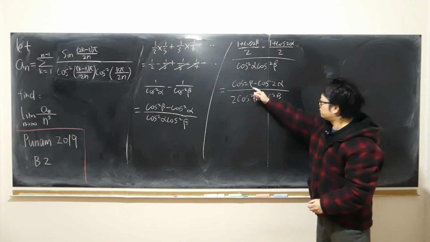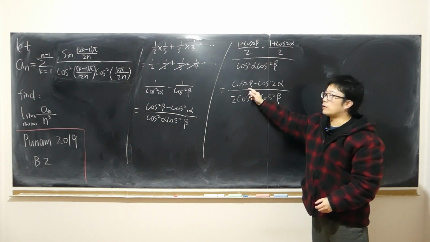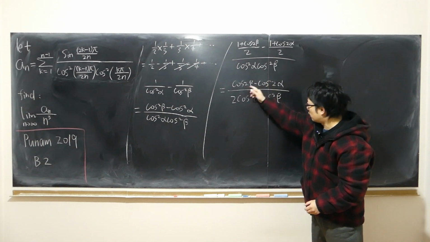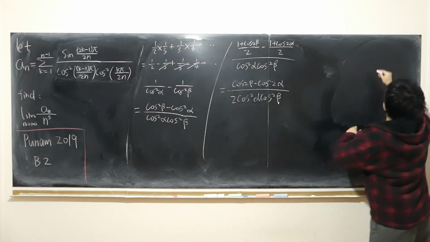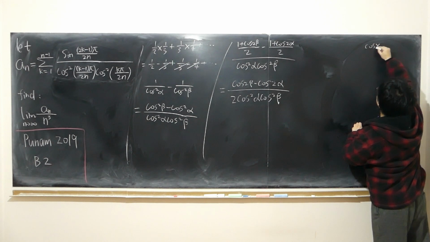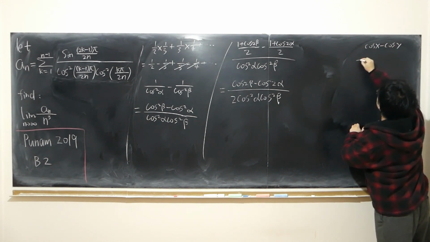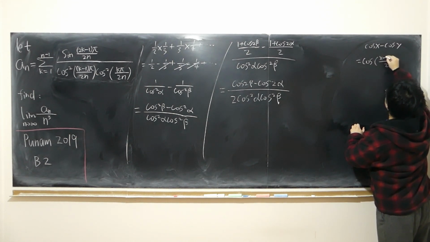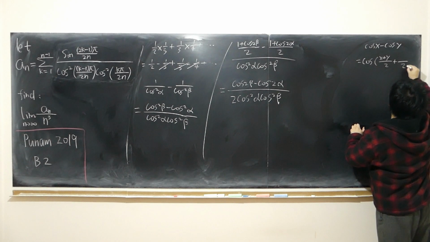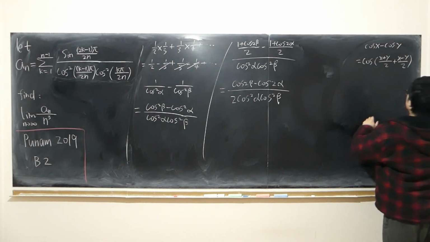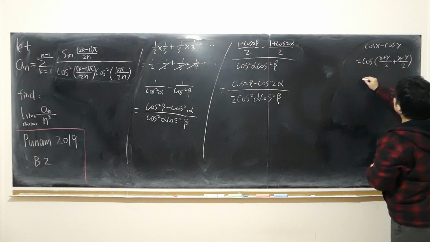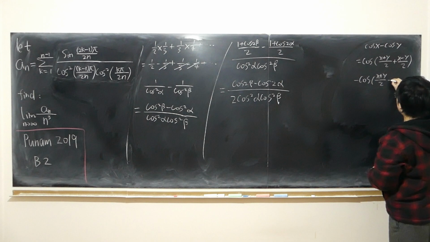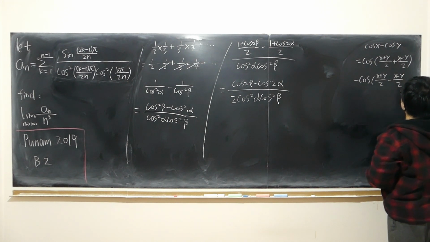So up to this step, we're going to apply the formula which can turn this difference of two trigs into the product of two other trigs. To be specific, cosine x minus cosine y is equal to cosine of half of x plus y plus half of x minus y, minus cosine of half of x plus y minus half of x minus y.